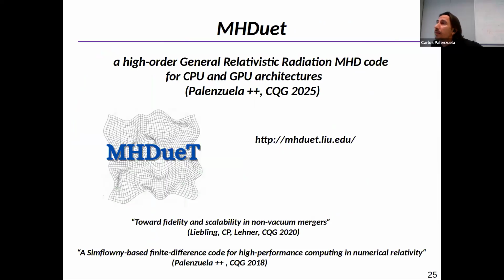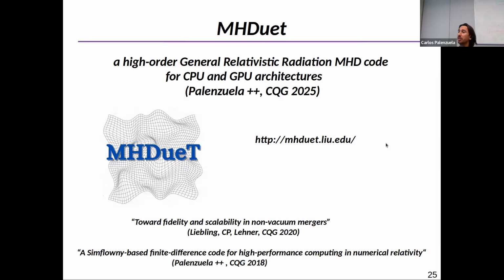Well, now let me describe briefly the code that we have used for the simulations. It's called MHDuet. It's a high-order general relativistic radiation MHD code for CPU and GPU architectures. The paper appeared recently on the arXiv and also in CQG. You can download the code, which is publicly available, with some instructions from this web page that was developed by Steve Liebling.